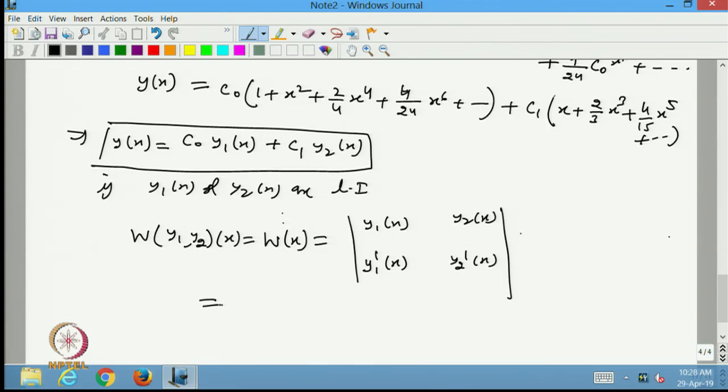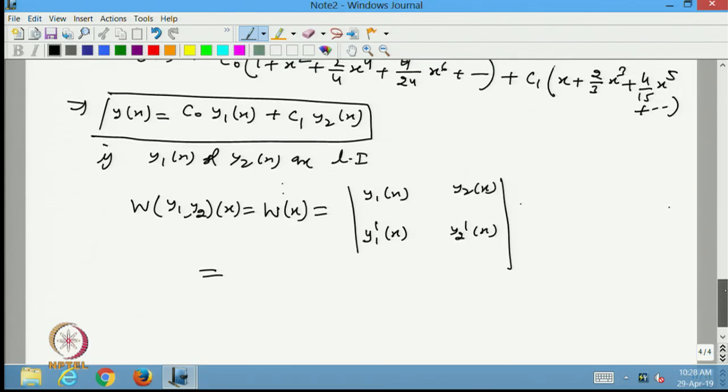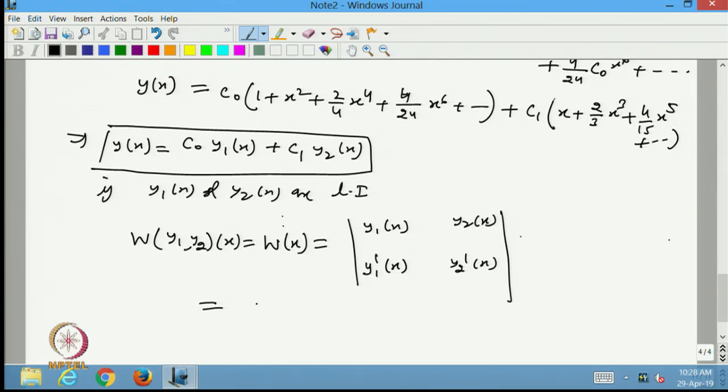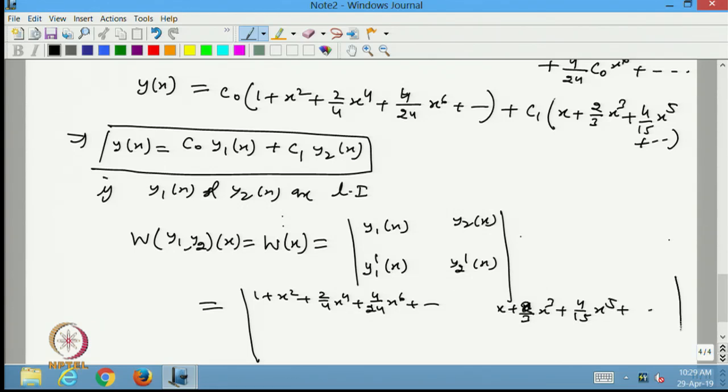So, from here I can write this Wronskian as 1 plus x square plus 2 by 4 x power 4 plus 4 by 24 x power 6 and so on, and y2 is this one, x plus 2 by 3 x cube plus 4 by 15 x 5 and so on.